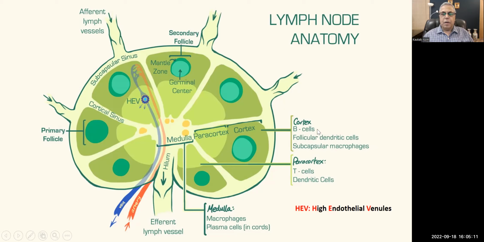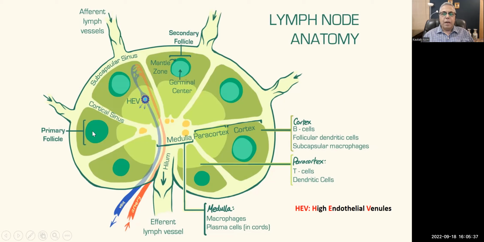Then it has got a cortex, which is this darker green. It is the area where we find B cells and follicular dendritic cells, and subcapsular macrophages. All of these are antigen presenting cells. And in the paracortex, which is light green, we have got T cells and dendritic cells.